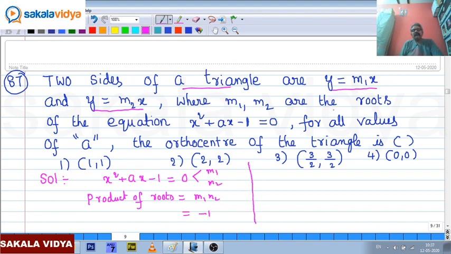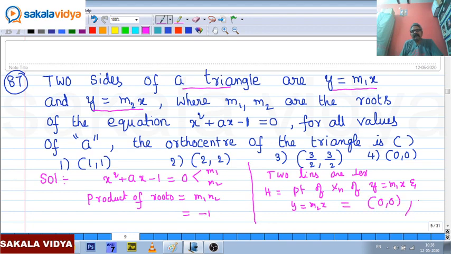Therefore, these two lines are perpendicular. Two lines are perpendicular means orthocenter is equal to point of intersection of perpendicular lines. y is equal to m1x and y is equal to m2x, both pass through the origin. That's why 0, 0 is the orthocenter. Fourth option is the answer. Okay.